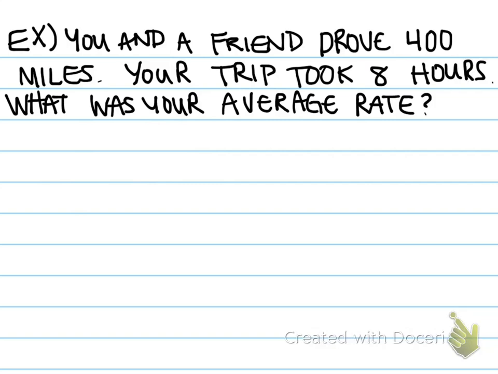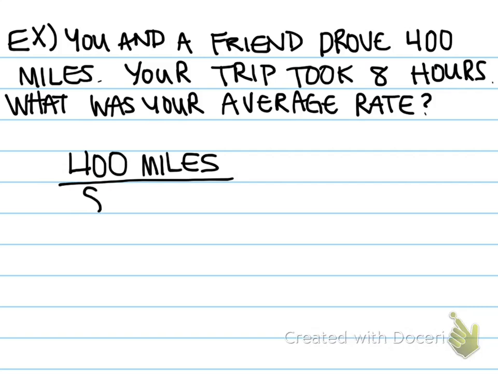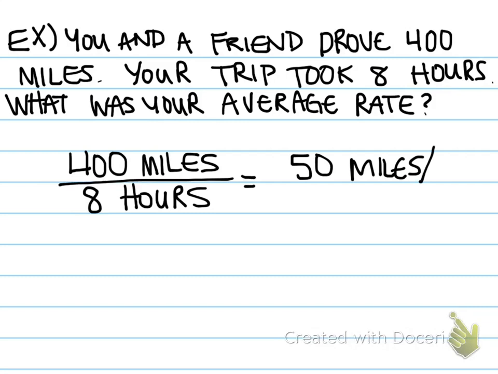So let's put our miles information as our numerator over our hours information to get our miles per hour. And we can reduce this, of course, to get a rate of 50 miles per hour.